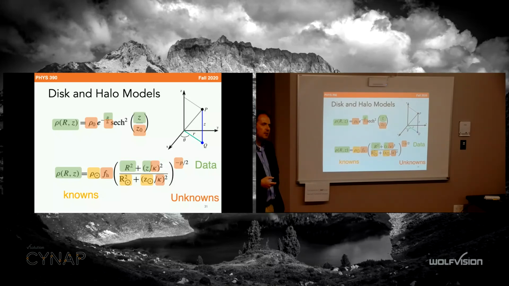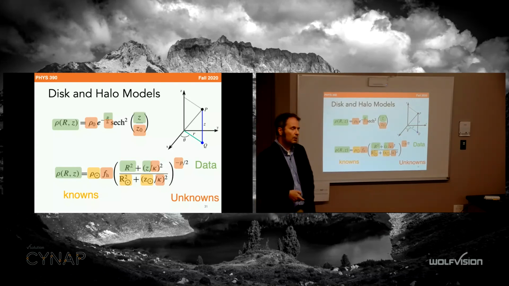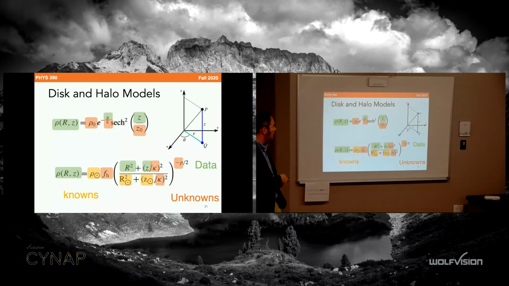We don't know what the density of M dwarfs in the center is. We don't know how they drop off with radius. We don't know how they drop off with height above the plane. We don't know what the parameters for the halo are, and we don't know what the fraction of those M dwarf stars in the halo is. This is something that we can measure locally, so we take that from the literature.